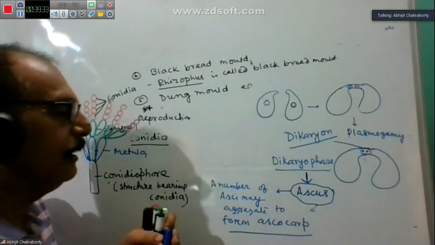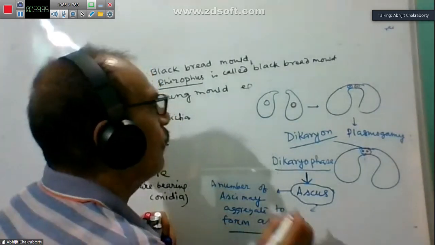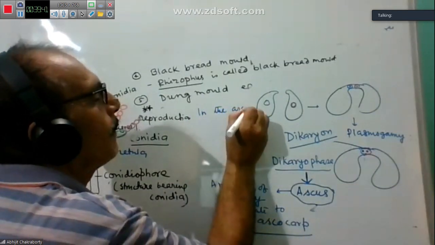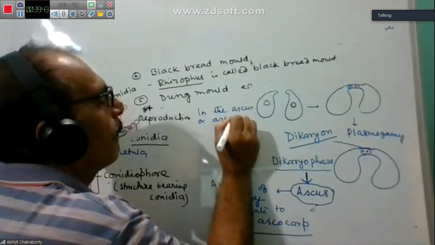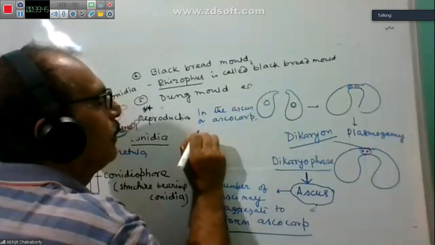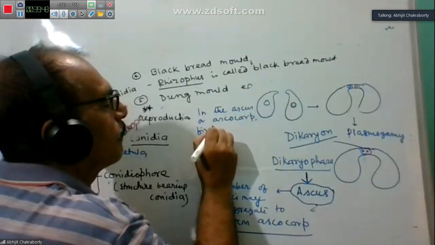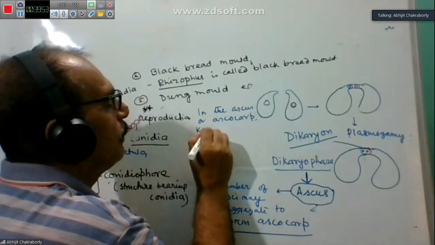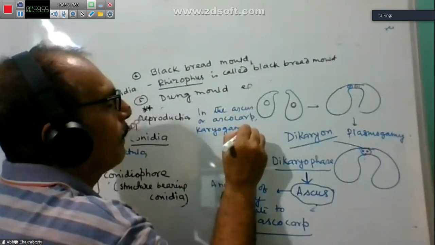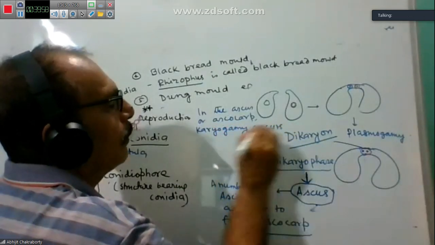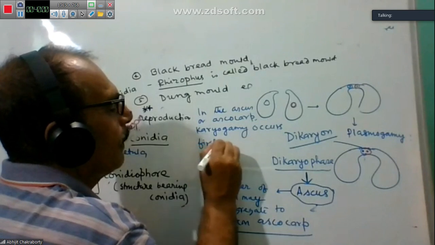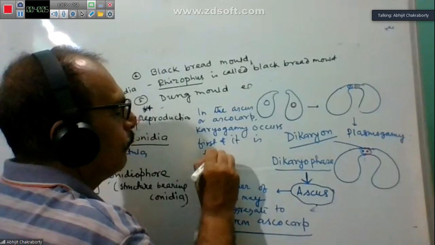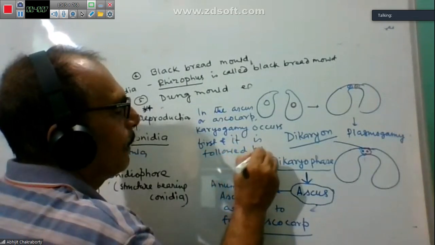Already written here. Now in the ascus or ascocarp, first karyogamy occurs, and it is followed by meiosis.